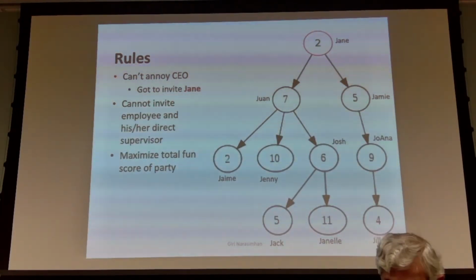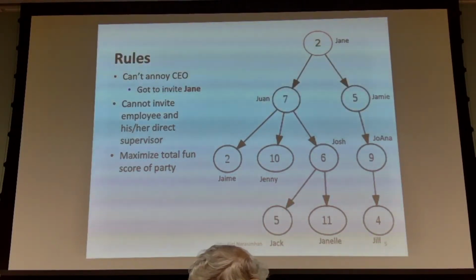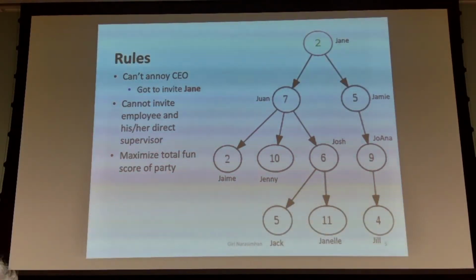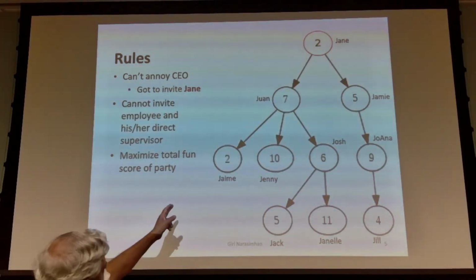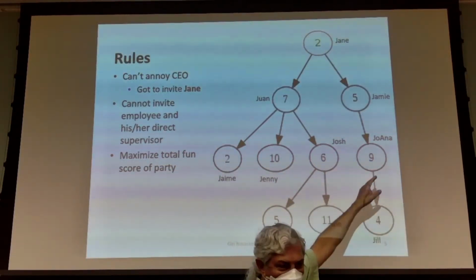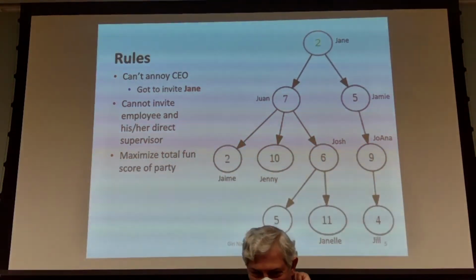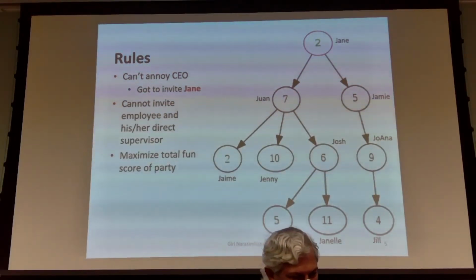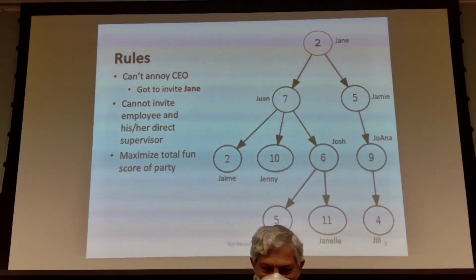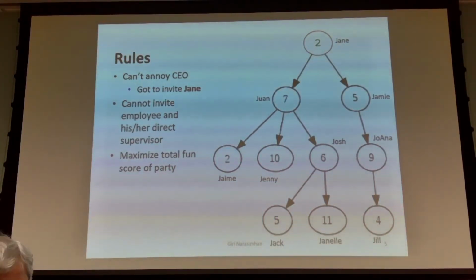I can't just color it black and white and do this bipartite thing. I can't just take them in layers because maybe this layer is just awful. This could all be 0, right? And then your party is going to be a complete kaput. So we've got to do something smarter. Any thoughts on this?